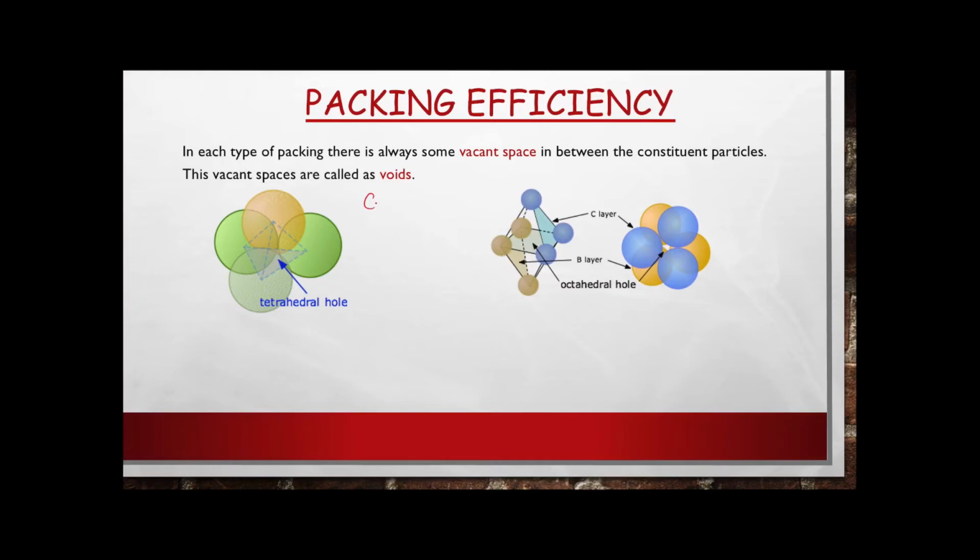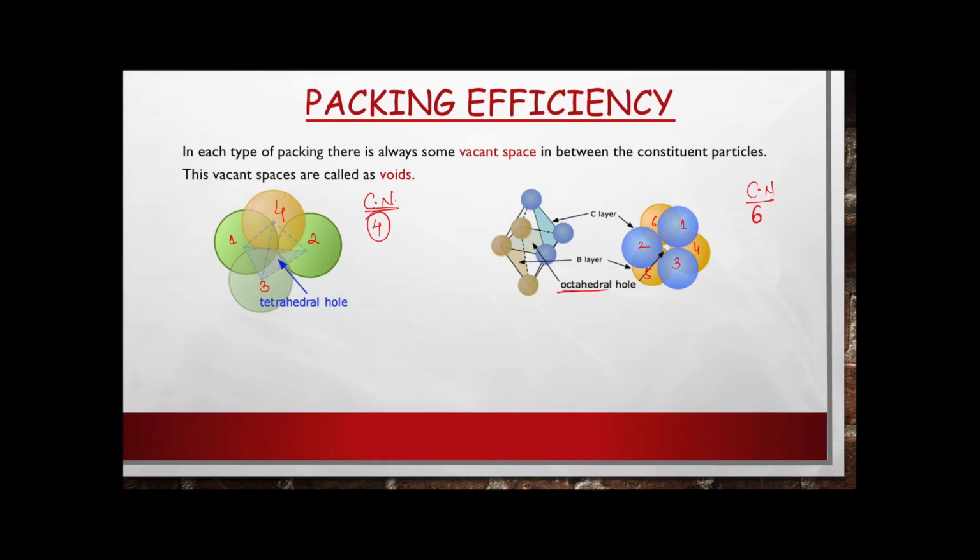The coordination number of a tetrahedral void is 4. It is surrounded by 4 constituent particles: 1, 2, 3 and 4. Whereas the coordination number of an octahedral void is 6: 1, 2, 3, 4, 5 and 6. Even though there are 6 constituent particles, it is known as octahedral.